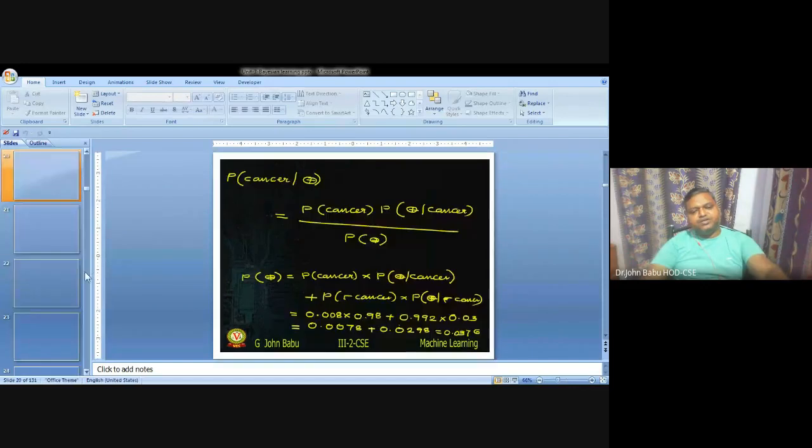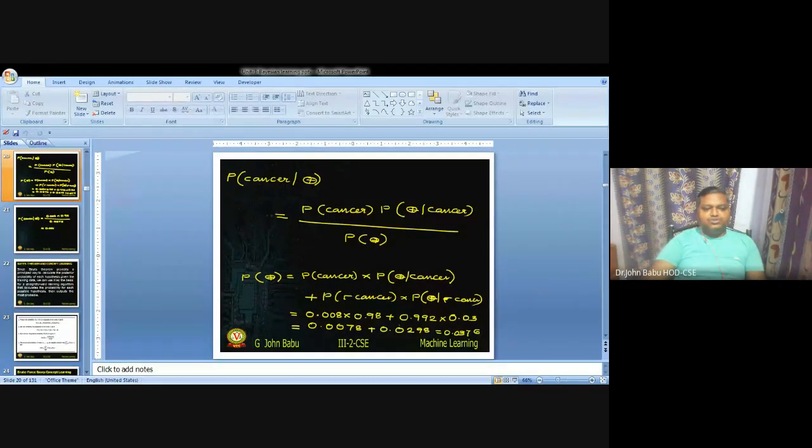Now let us turn to our notebook. I am using OneNote. You can observe that.